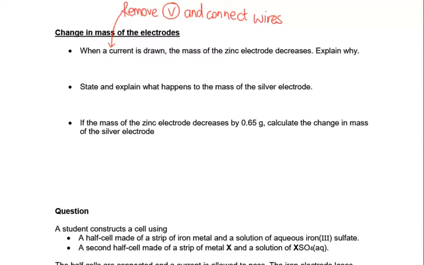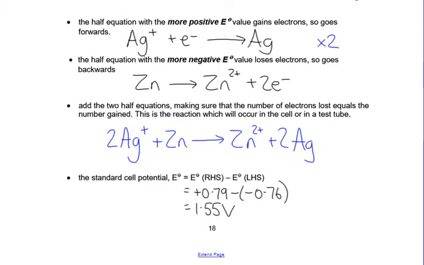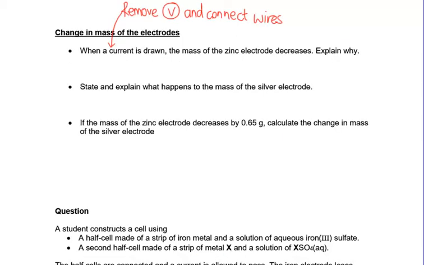The mass of the zinc is going to decrease. Why? So let's go back and look at our equation. Silver ions plus zinc becomes zinc 2+ ions and silver. Zinc is being oxidized, it's being turned into zinc 2+ ions. Whereas the silver electrode, what's going to happen to it?